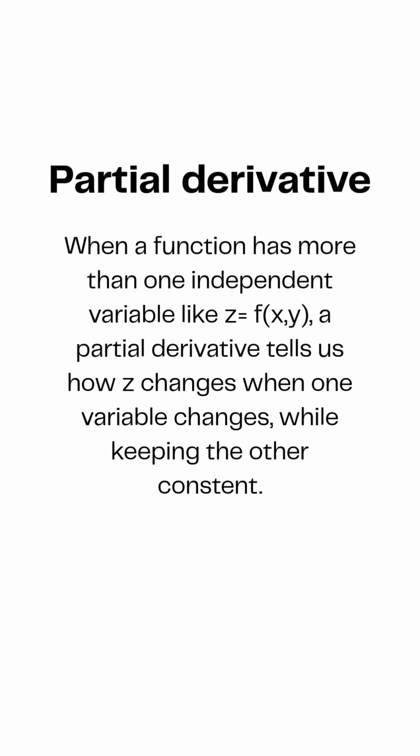Partial derivative means, if a function has more than one independent variable, like z equals f of x, y, then the partial derivative tells us how z changes when one variable changes while keeping the other constant.